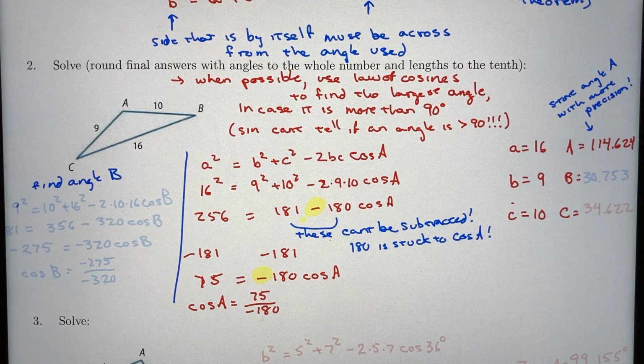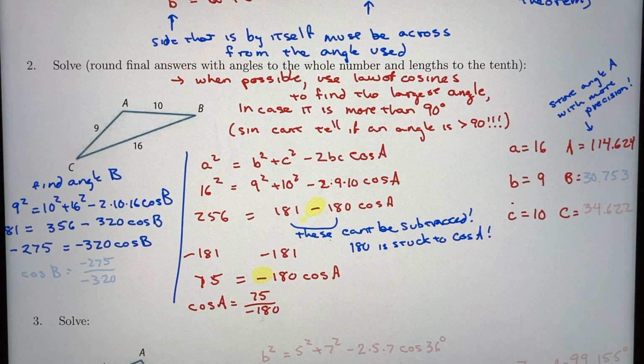So b squared is 9 squared. I just subtracted 356.